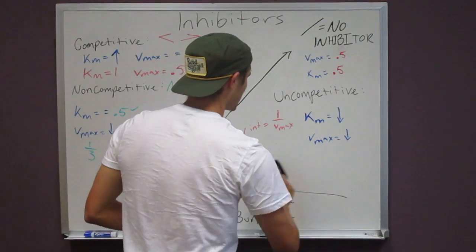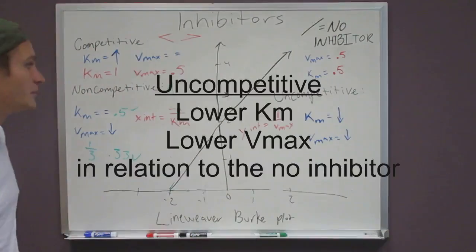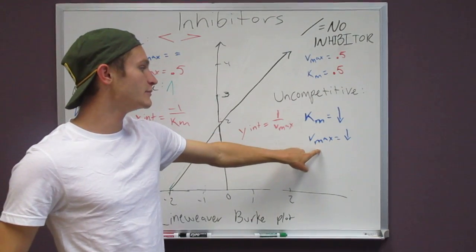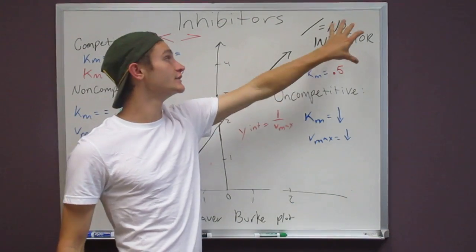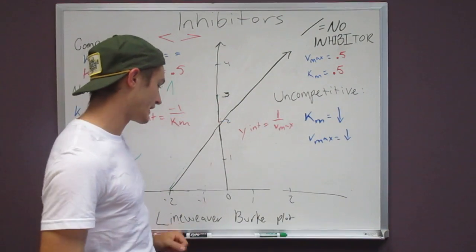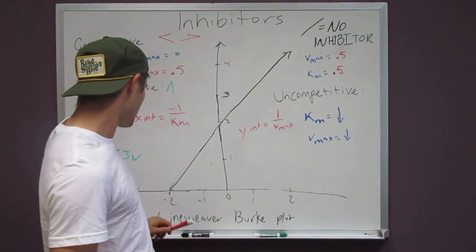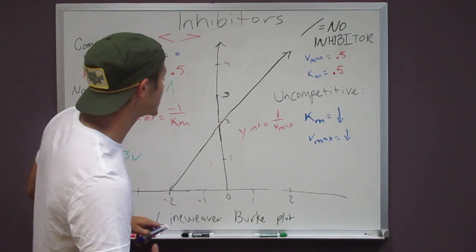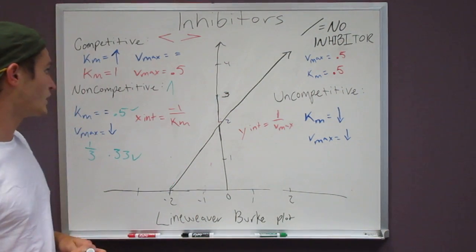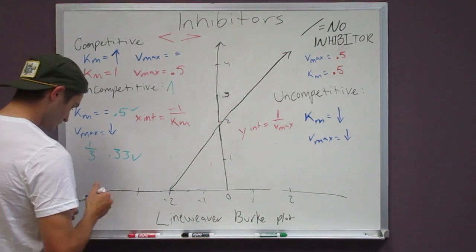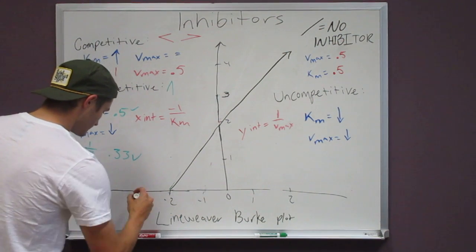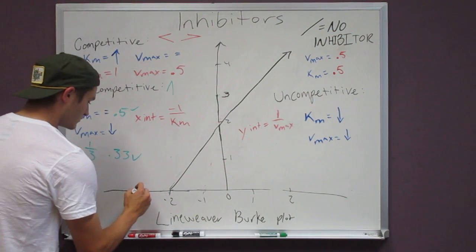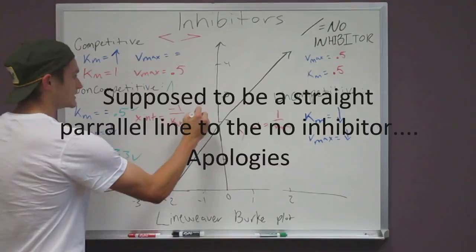So an uncompetitive inhibitor lowers the Km value and lowers the Vmax value in comparison to the no inhibitor. This is the no inhibitor, as we remember. Let's do this one in blue. Haven't been showing blue too much love, so this one will be in blue. So an uncompetitive inhibitor will look like this, and this one for me is the easiest one to recognize.